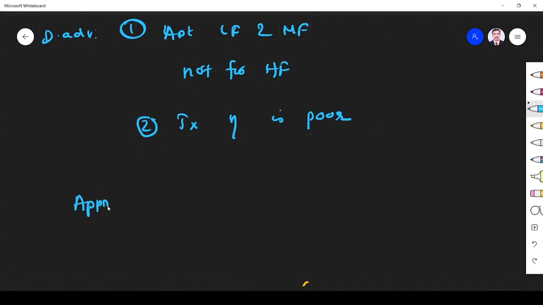What is the main application? The main application, as I told, is that it is used as a directional finder. It is used to find the direction of an unknown transmitter. So how can we find the direction of an unknown transmitter? We know the loop antenna is associated with the receiver.